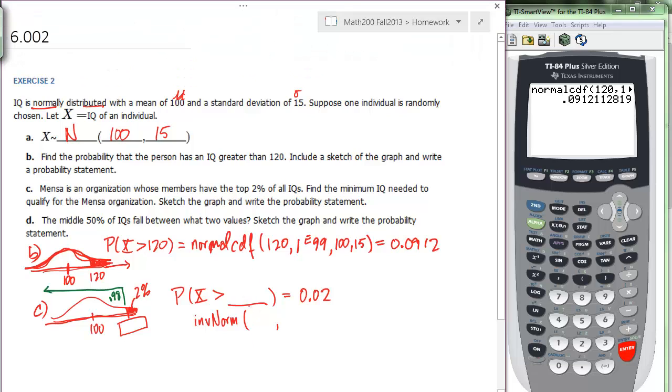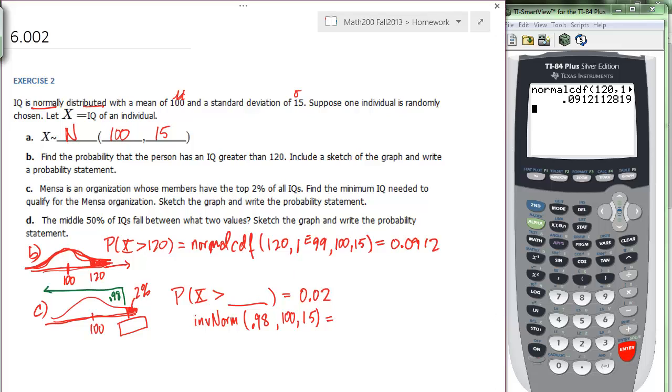And so the area to the left is 0.98. So that's what we're going to put into our calculator. And after you find the area to the left, you simply put the mean and the standard deviation, and whatever comes out is the number that we're looking for.